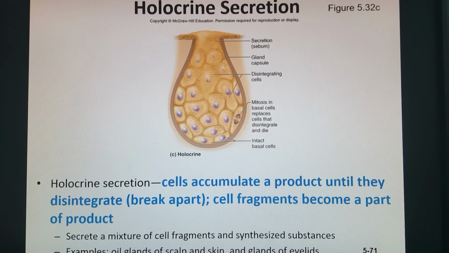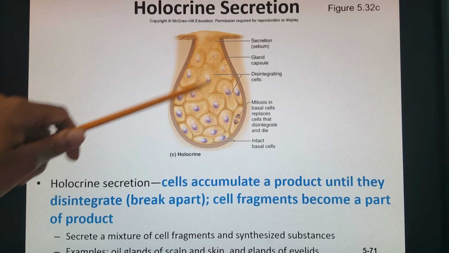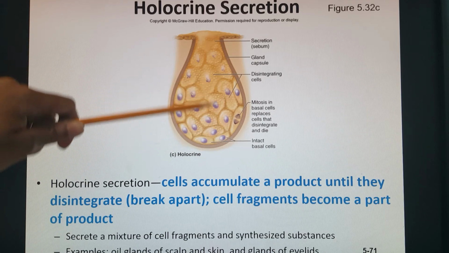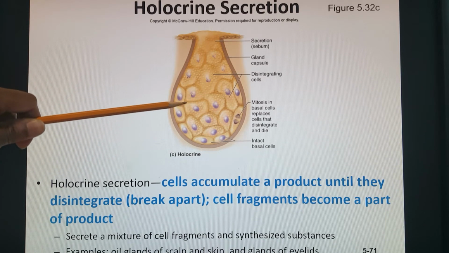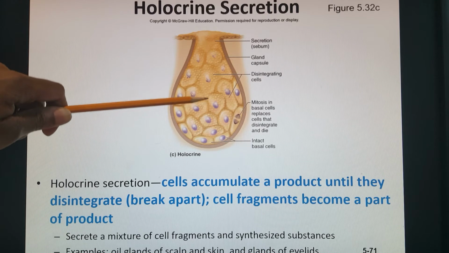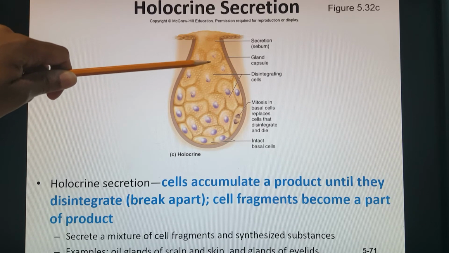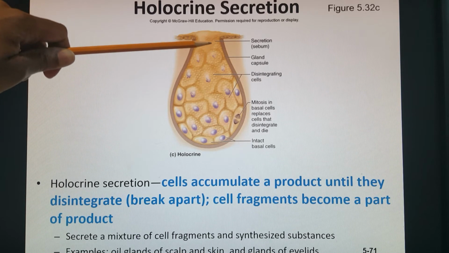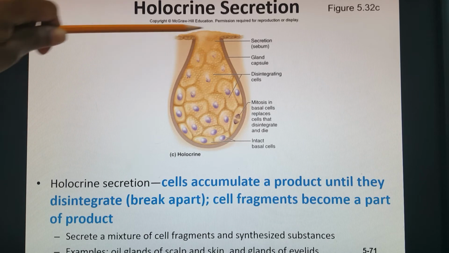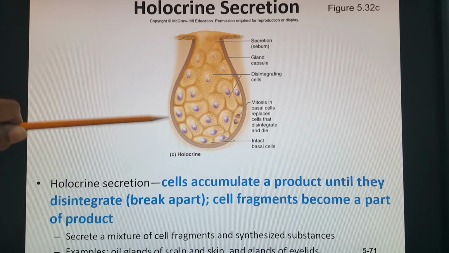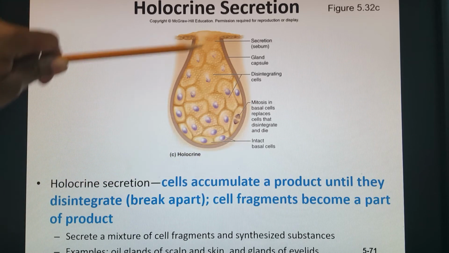Last type of secretion is holocrine secretion. For example, your oil glands create their product and secrete it in this manner. Your product is created here in the bottom part of your gland, and then slowly it pushes up toward the surface. Just like with epithelial tissue, the cells away from the basement membrane, away from the nutrients, end up dying off.